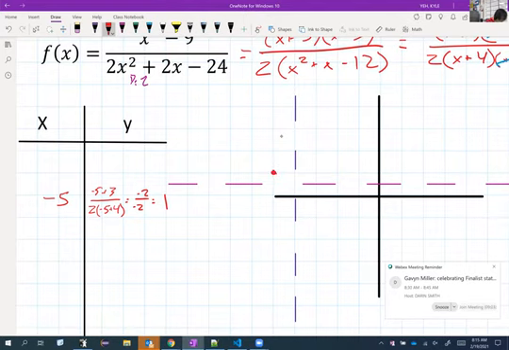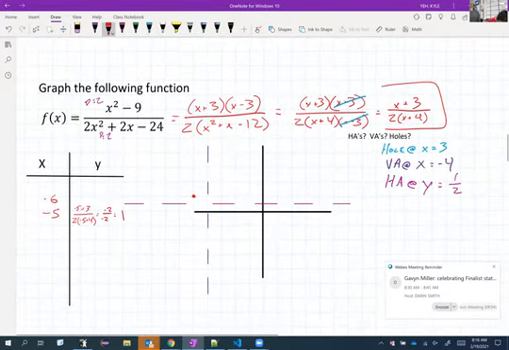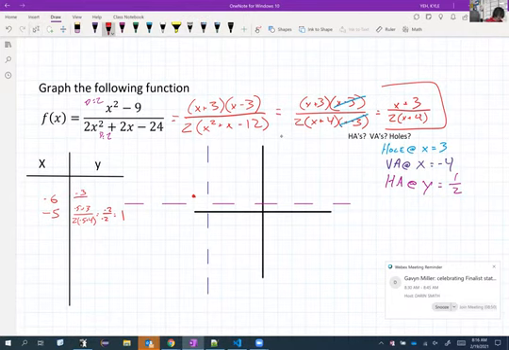So at -5, we get +1. What about -6? Let's try -6. -6 would give me -6 plus 3 on top, so -3 over 2 times -4 on bottom. So +3/4. So -6 gets me +3/4, 0.75-ish.